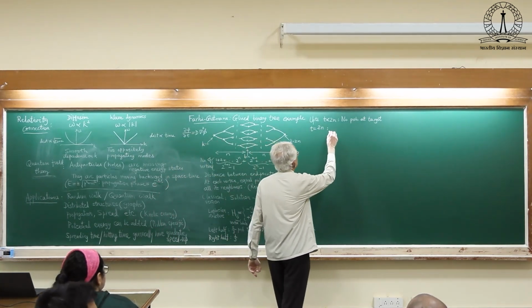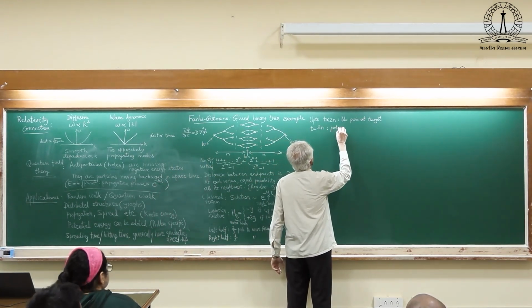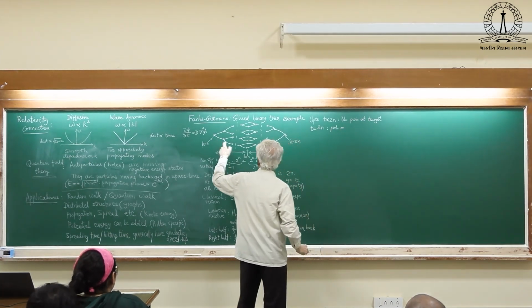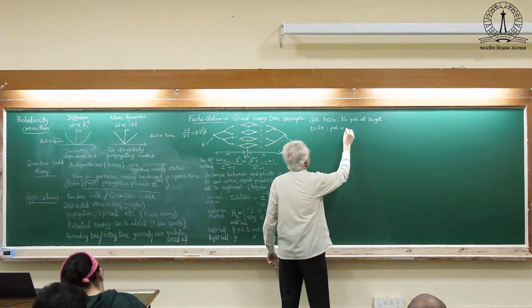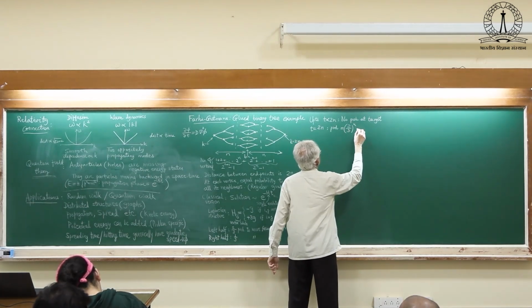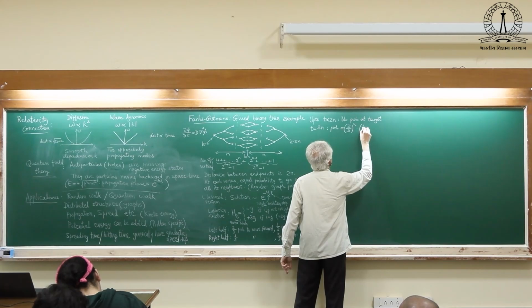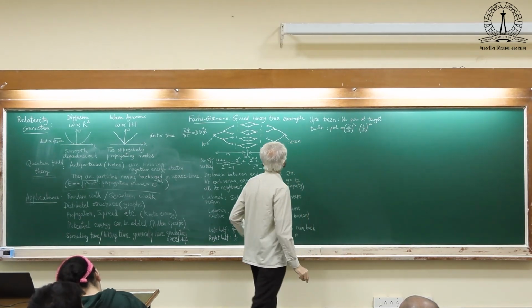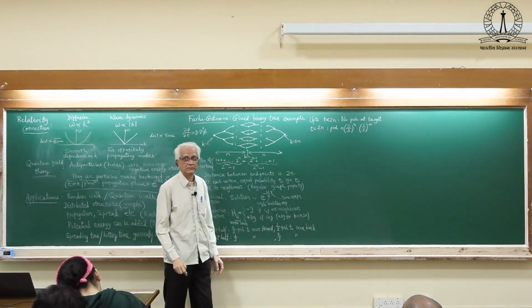So there is a probability in this particular half, it will give 2/3 to the power n, and on this half 1/3 to the power n.